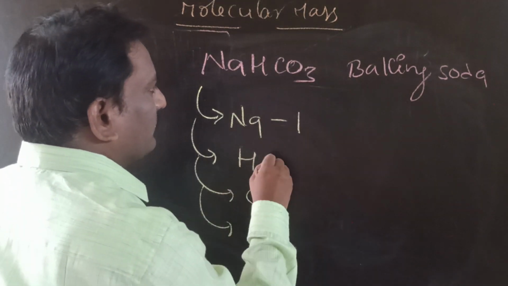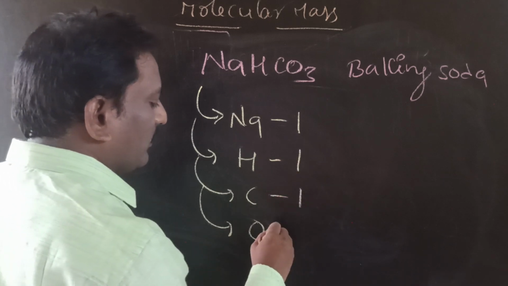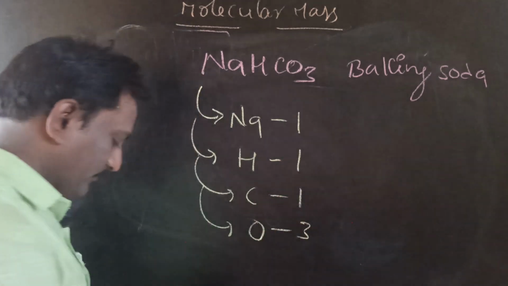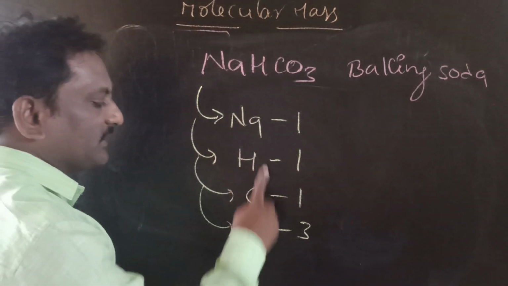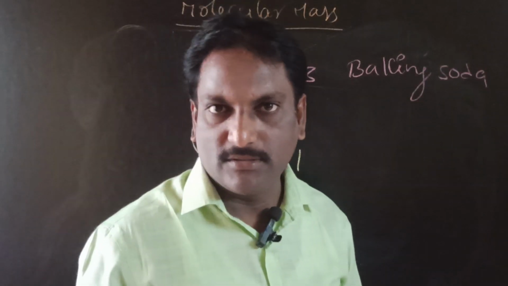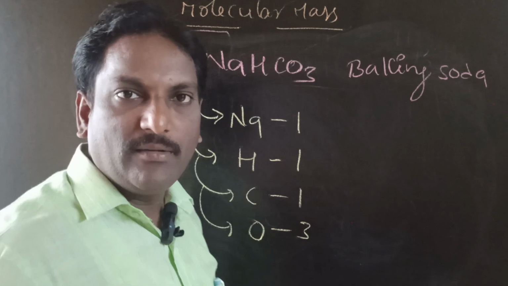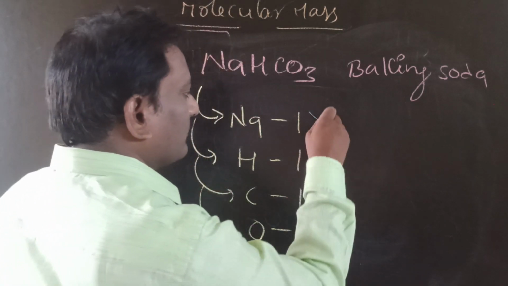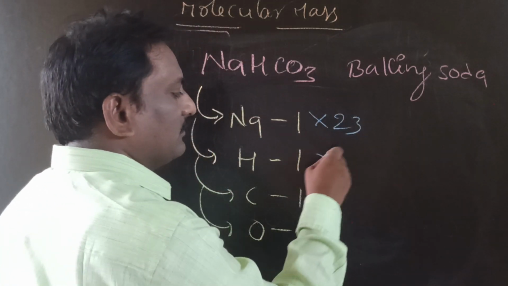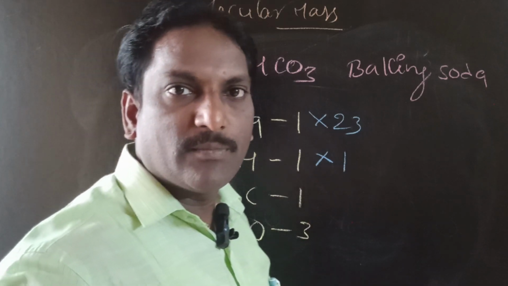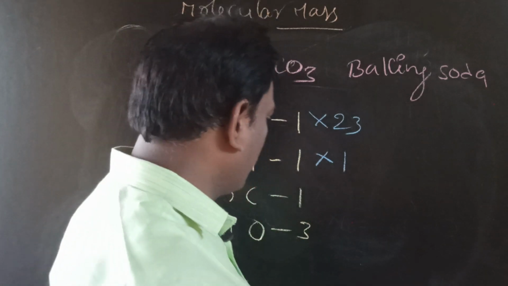So sodium 1, hydrogen 1, carbon 1, oxygen 3. So we need to multiply these numbers with their atomic masses. Sodium atomic number 11, mass 23. Hydrogen 1, right. Carbon 12, right, very good.